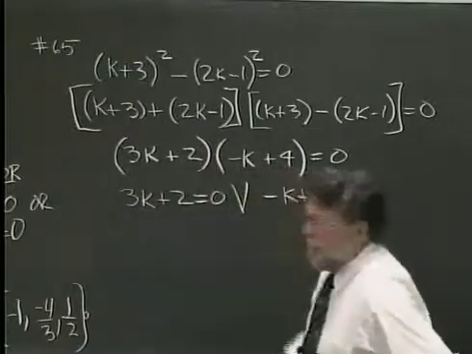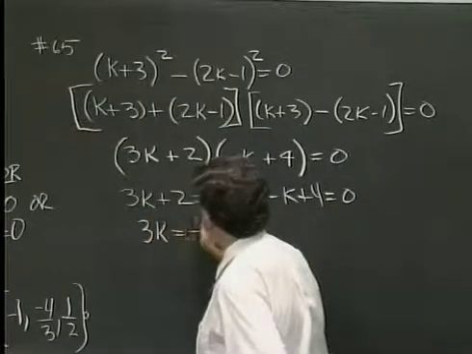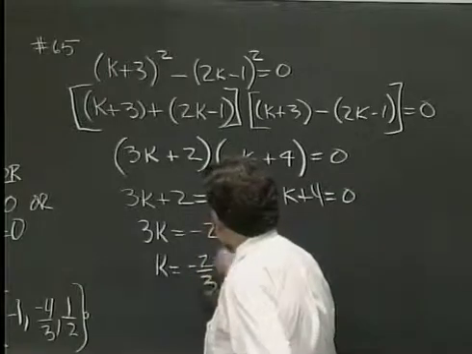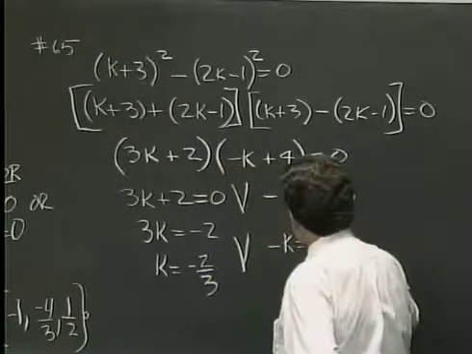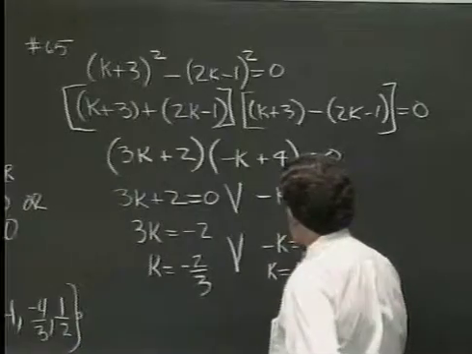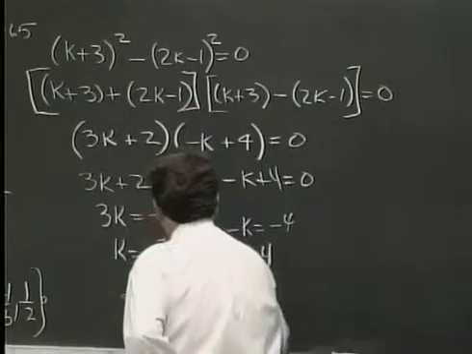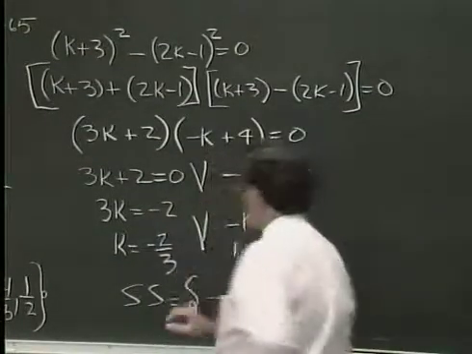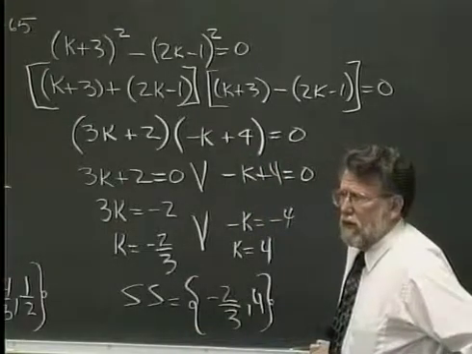And then, going one step further, 3k is equal to -2. K equals -2/3, or minus k equals -4, which we would write as k equals 4. The solution set then is a set containing 2 values at -2/3 and 4. Any question there?